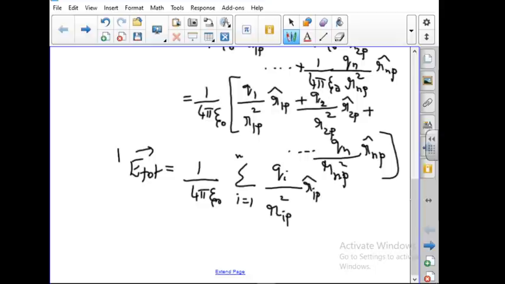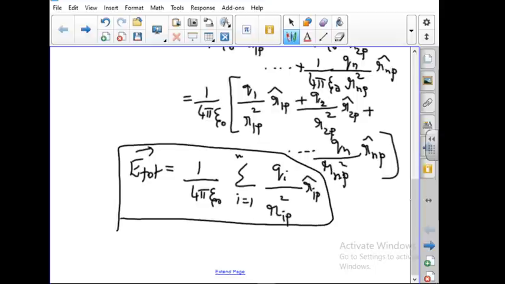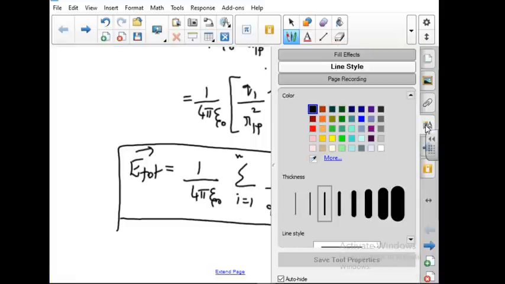Okay. So this is the resultant electric field due to a system of point charges, that is i value varies from 1 to n. That is, this is the simplification of this equation. So 1 by 4 pi epsilon naught sigma i equals 1 to n Qi by RiP squared into RiP cap is the total electric field. So we can do this with an example.